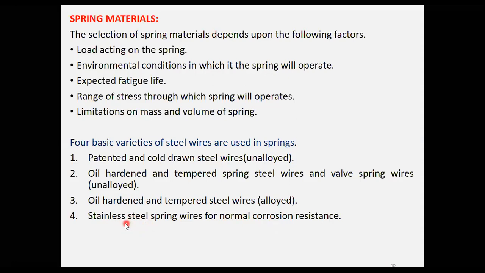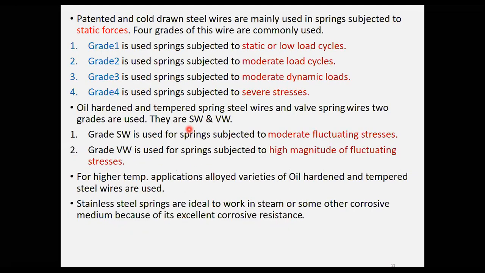For example, as I told you, where humidity is there or in a coastal region, you prefer a corrosion resistant spring. There you can go ahead with stainless steel. These are the four basic varieties of steel. We are going to study them in detail.